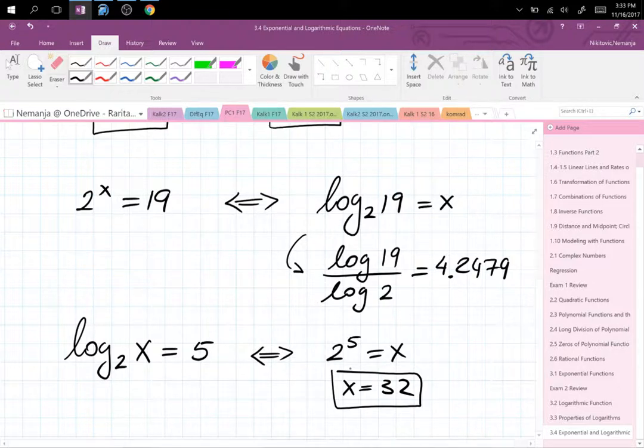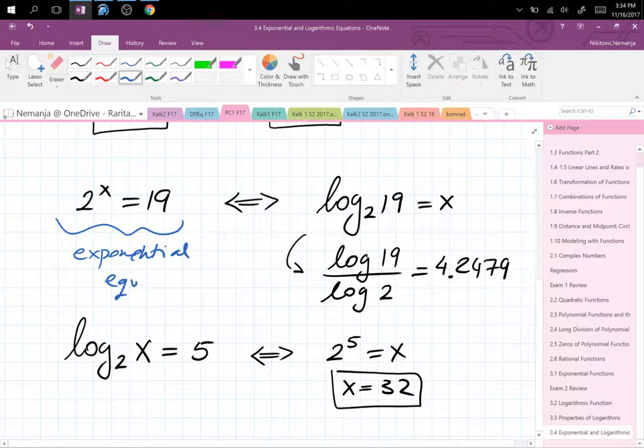This creature here is called an exponential equation, because clearly it's an exponential form where the exponent x is unknown, and we use log to solve it.